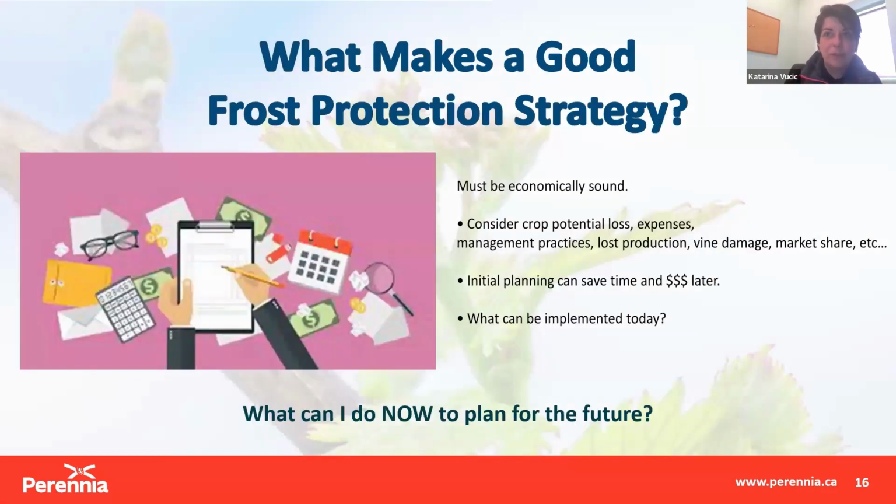So what makes a good frost protection strategy? Most frost protection methods will not protect against all types and severities of frost. But having an idea of conditions that occur most frequently in your vineyard, one can better select a frost protection method to use. So collect your data on site from weather stations.